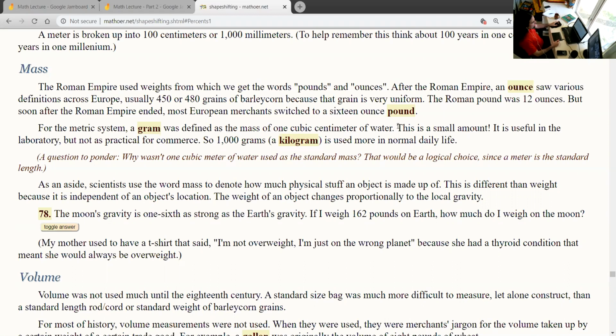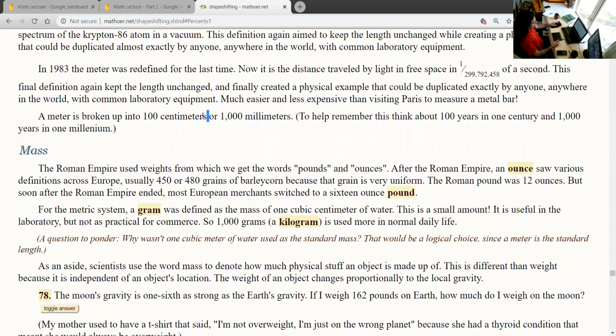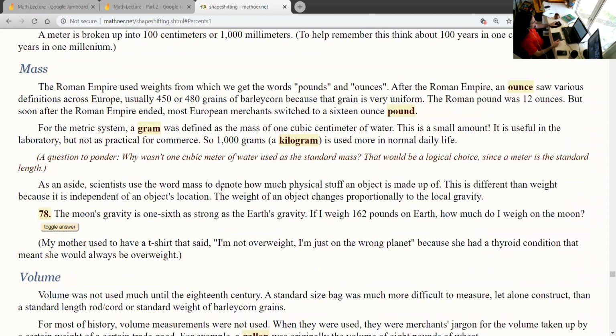So instead, let's take our little centimeter, 100 centimeters per meter, and again, 2.5 inches more or less, make a cube out of that. So now it's something that's too small to actually be a fish tank, about the size of a sugar cube. And if we filled that size box with water, that would be a gram.